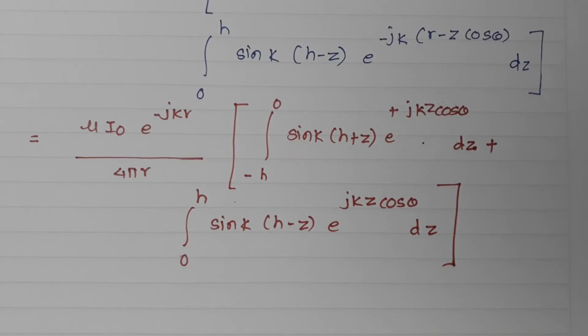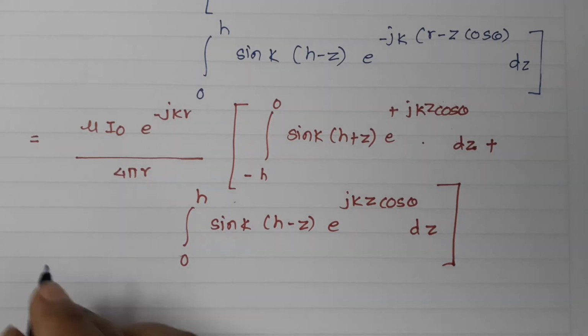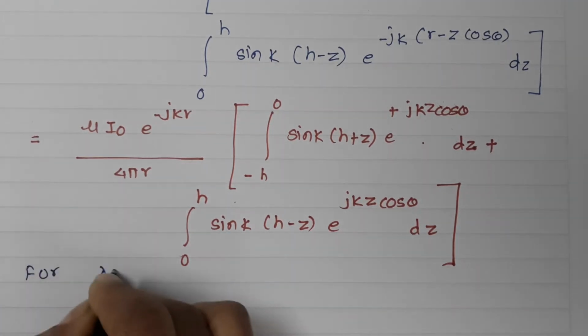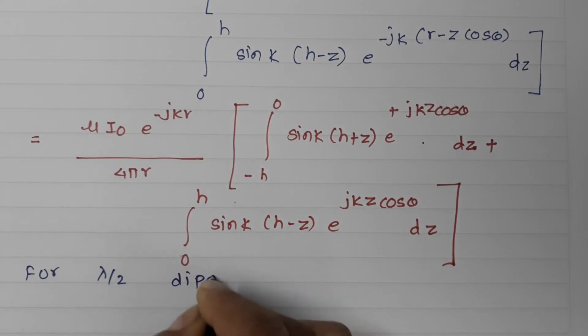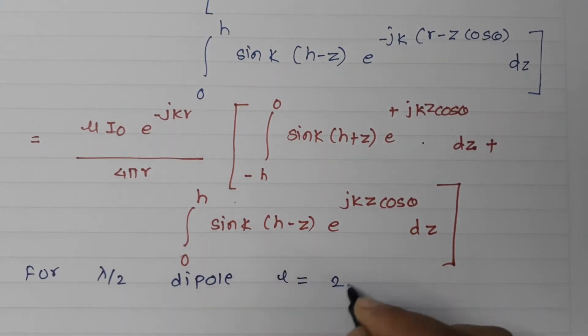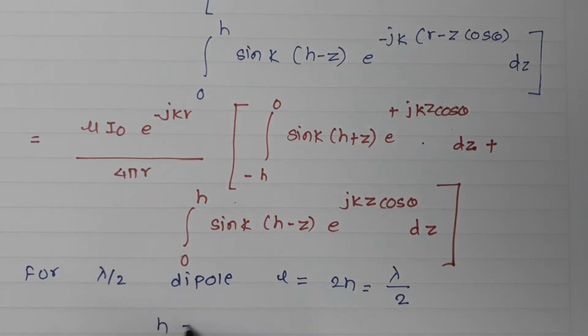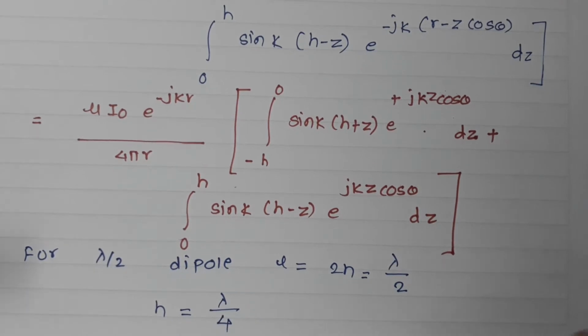Now let us solve it further. As we are assuming our antenna is a lambda by 2 dipole, the length L is equal to 2h, which is lambda by 2. So h is lambda by 4. Let us put in the value of h.